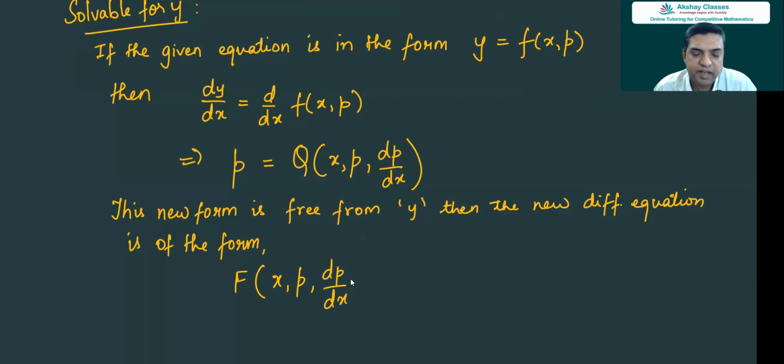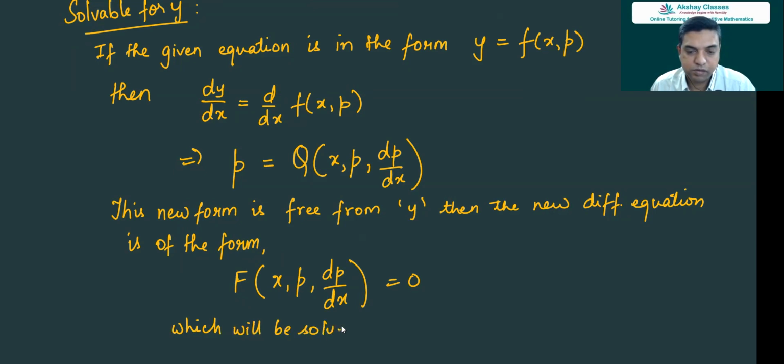Instead of x, y and dy by dx, it is of this form, which may be solvable. The solution we can get, okay, we'll look at one example.